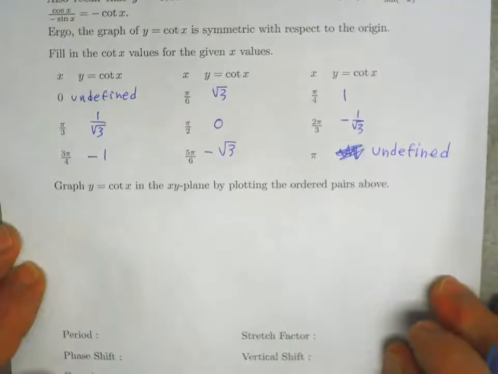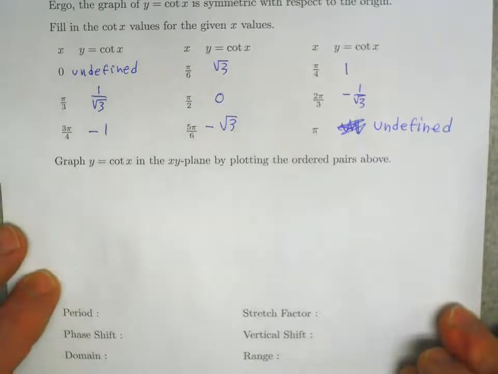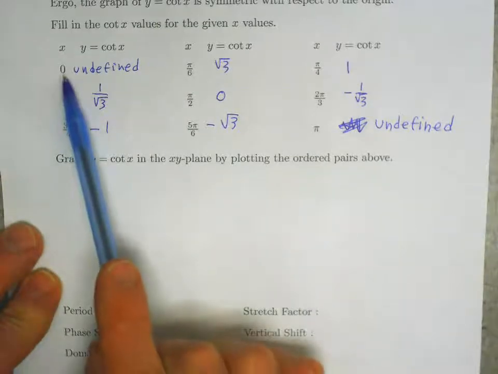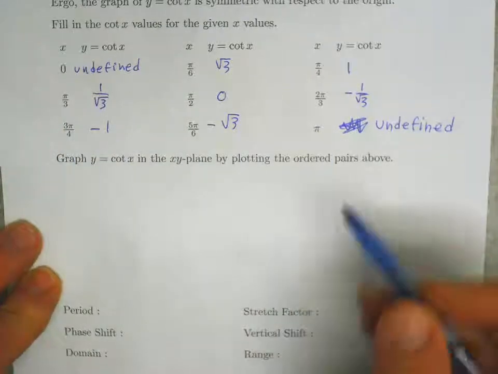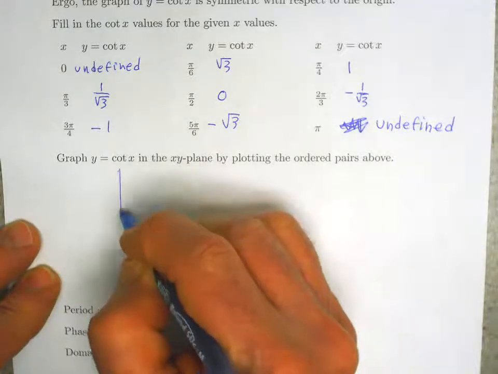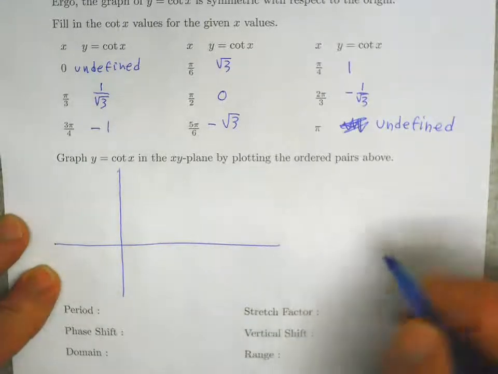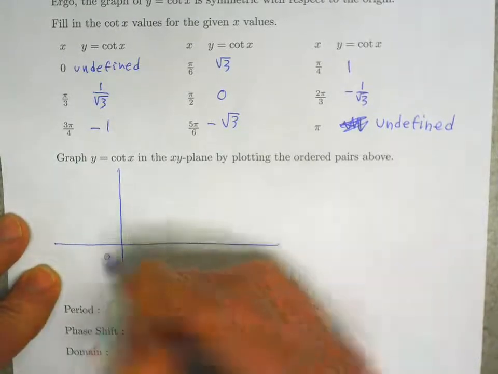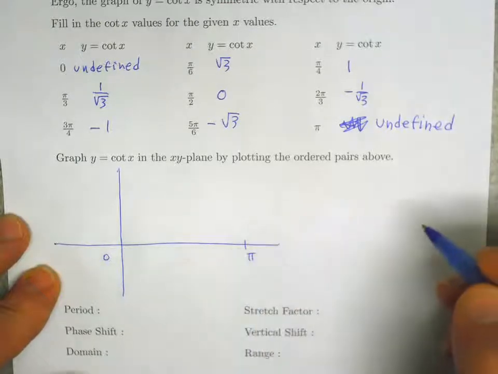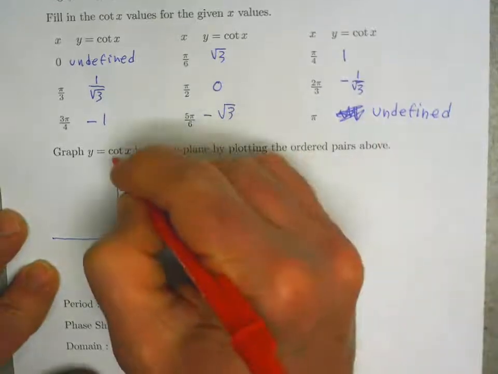Okay, we'll sketch one period of y equals cotangent of x. And this will be from 0 to pi. So on the y-axis, we have a vertical asymptote, and another at pi. We have vertical asymptotes there.